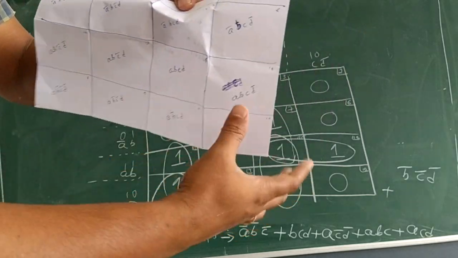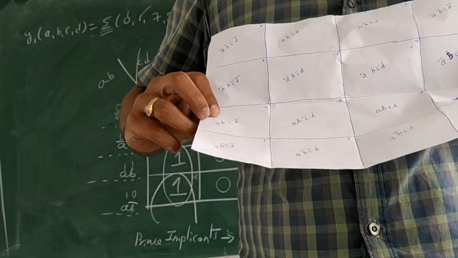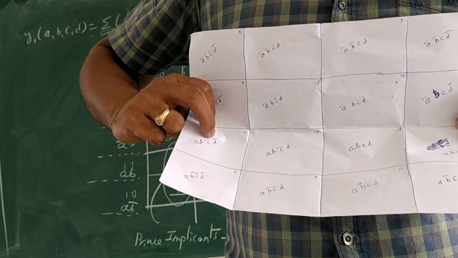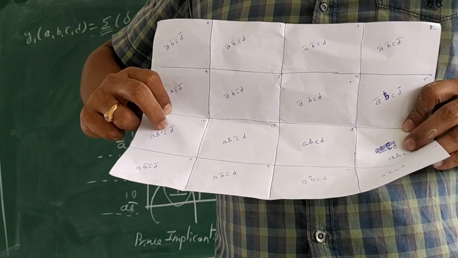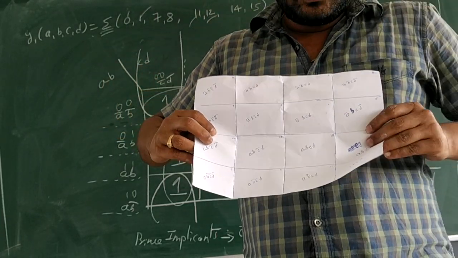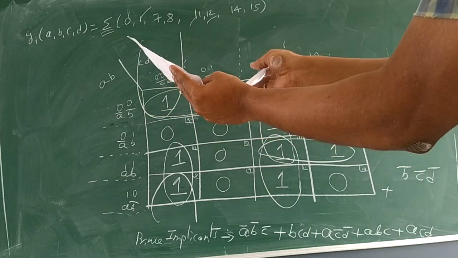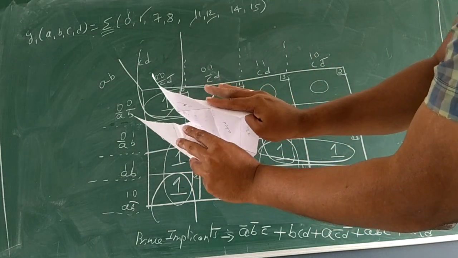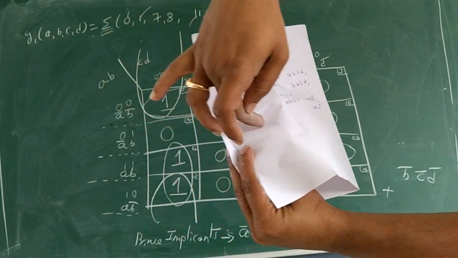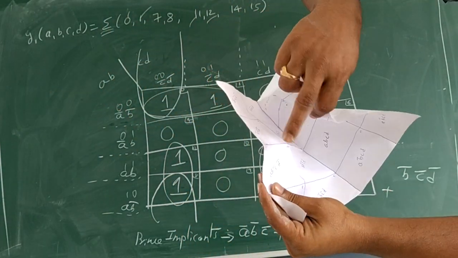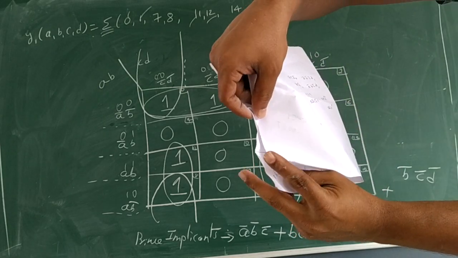That means A, B same, again A, B same, next D complement same. We are left with only one difference, that is C complement and C. So imagine the fold like this. If we fold 12 and 14 here, they become adjacent.